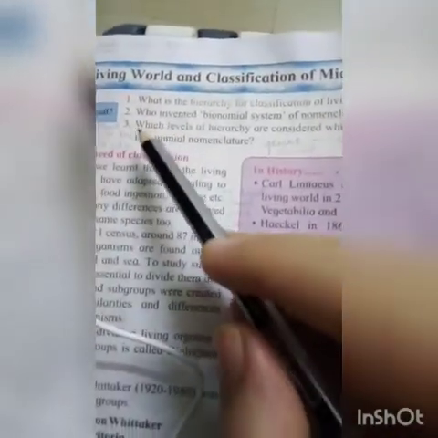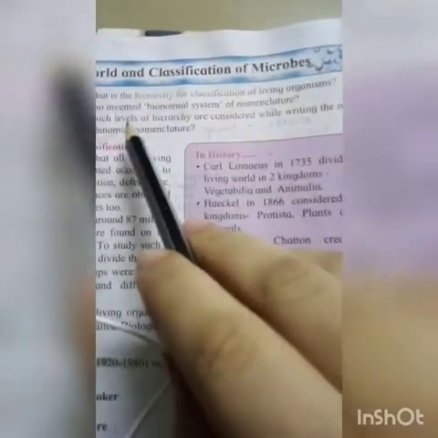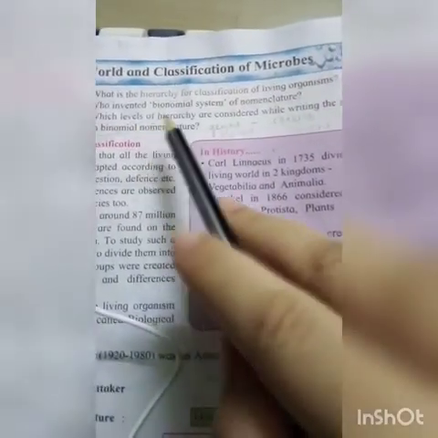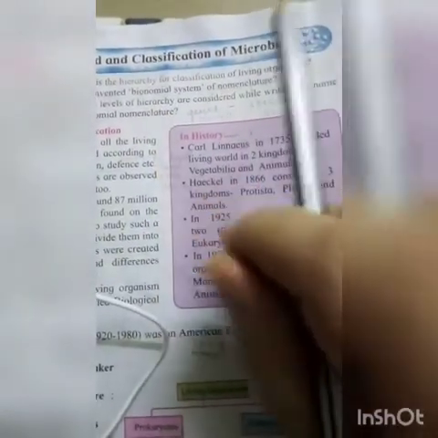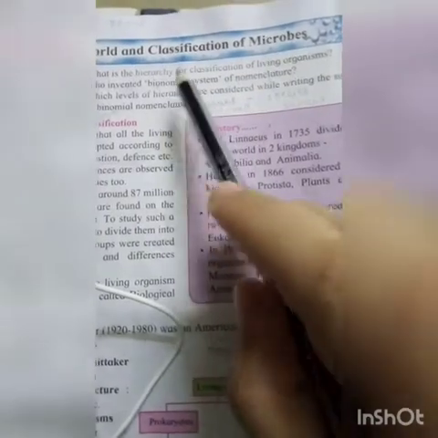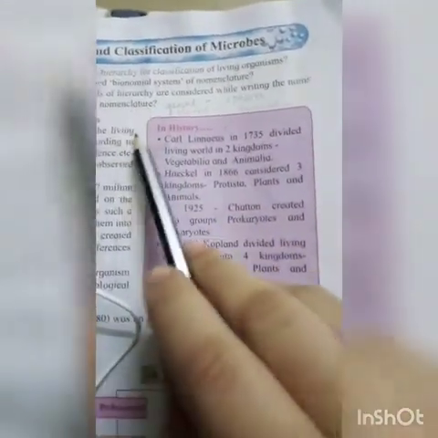Now let's move towards the third question: which levels of hierarchy are considered while writing the name in binomial nomenclature? The question is which steps are considered while writing the name of a living organism in binomial nomenclature.